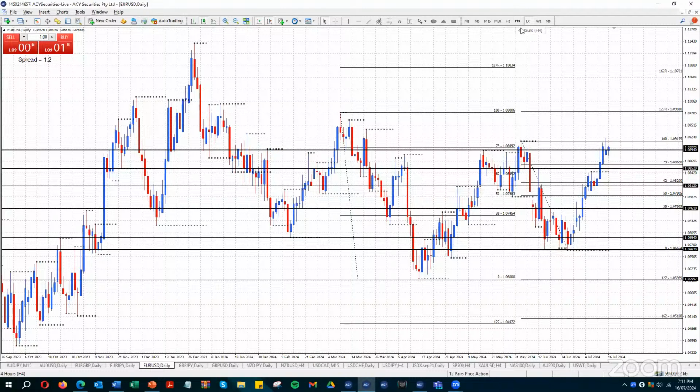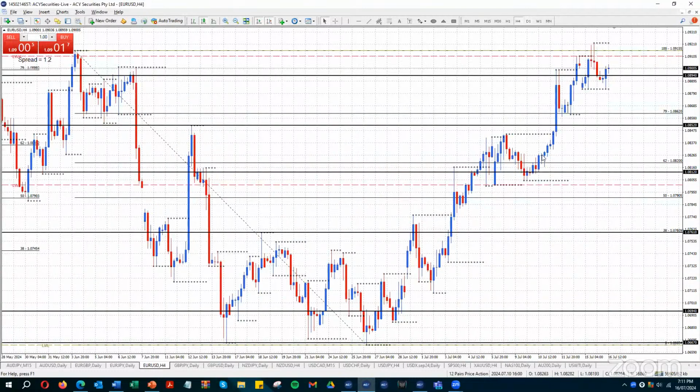4-hour chart. It's not quite broken the 4-hour low here. Pretty much tested it. But what we might see happen today, measuring across that rejection area of yesterday. And there's last week's high at 109.11.